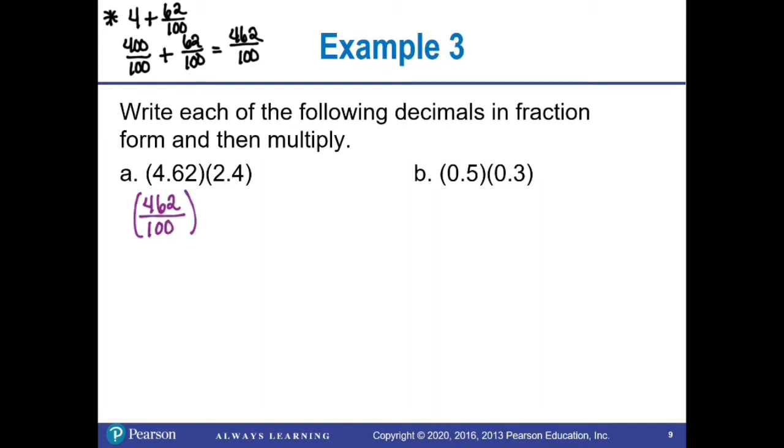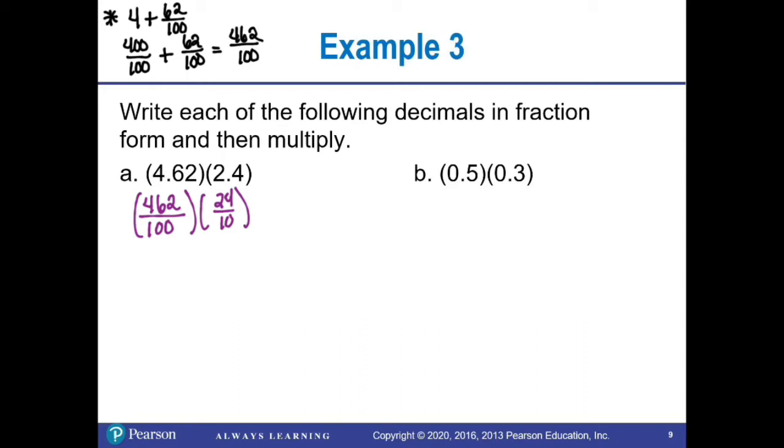Now notice I had my hundredths place in my decimal, and my answer ended up being 462 hundredths. I can use the same concept with the 2.4. The 4 is in the tenths place, that last decimal place, and so we'd have 24 tenths. Multiply your numerators.